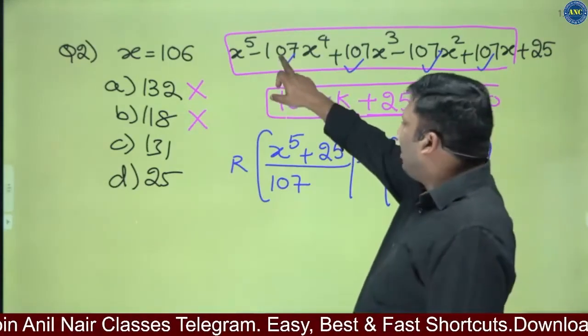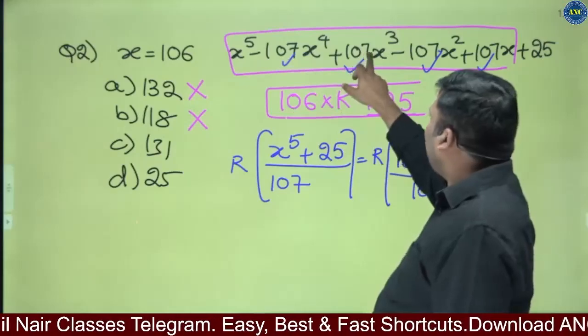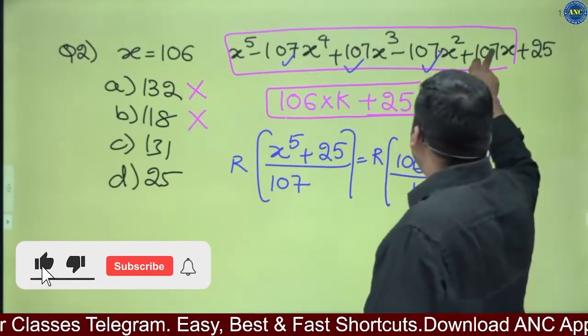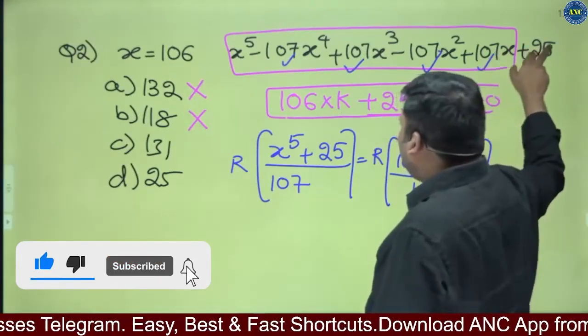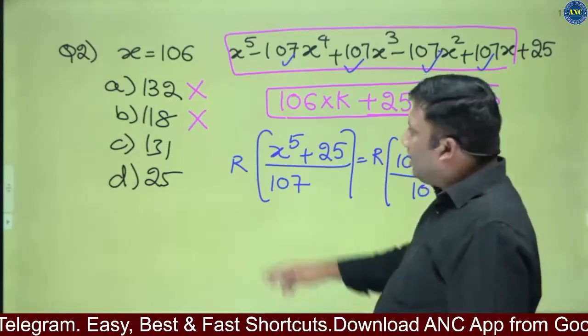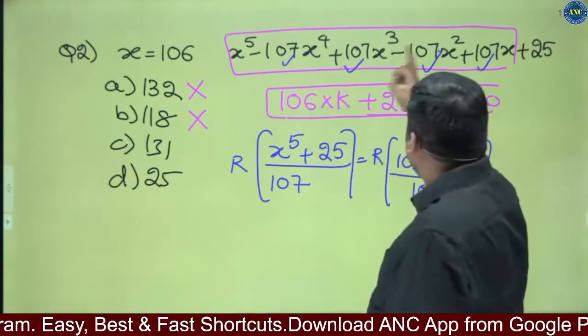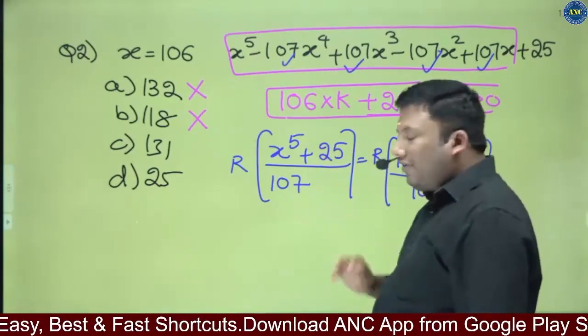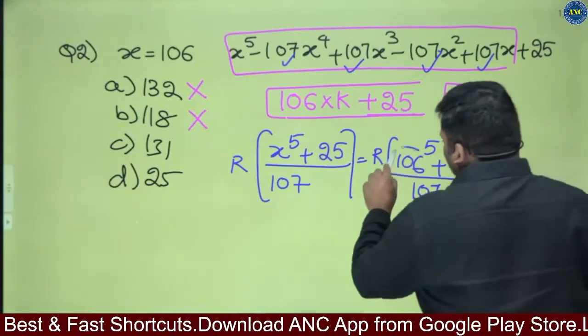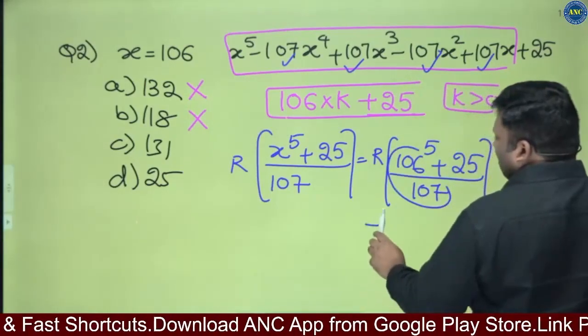These terms are divisible by 107. Remaining is x power 5 plus 25 divided by 107. 106 is 107 minus 1.